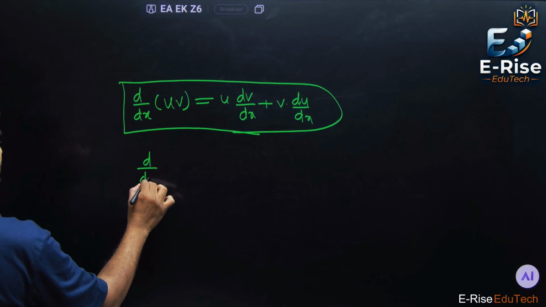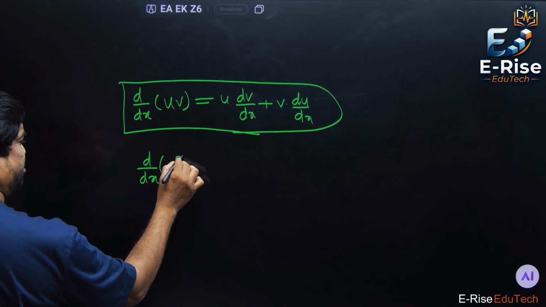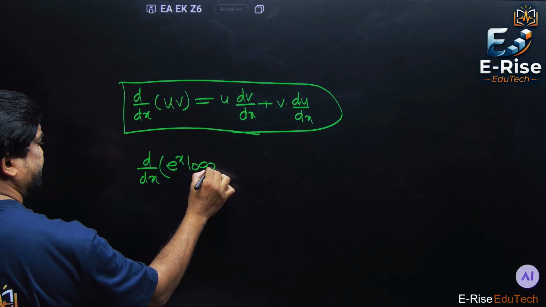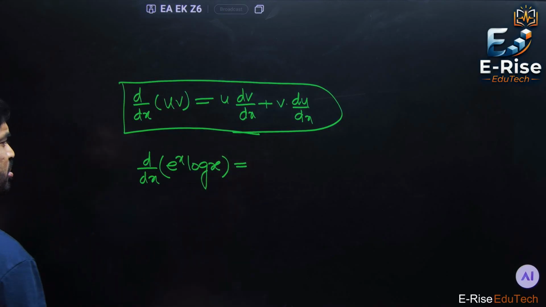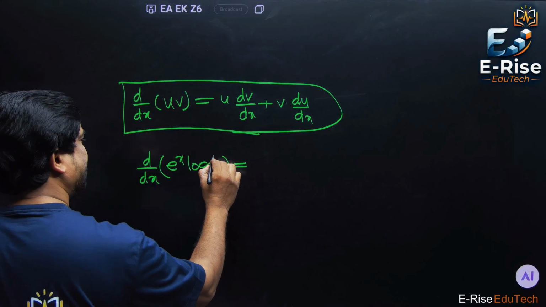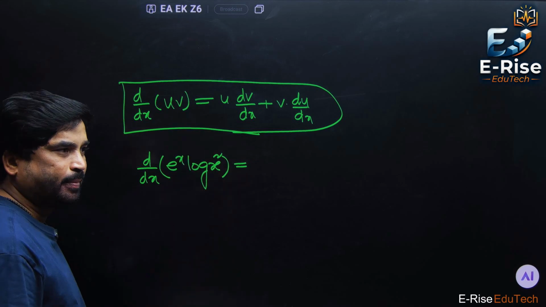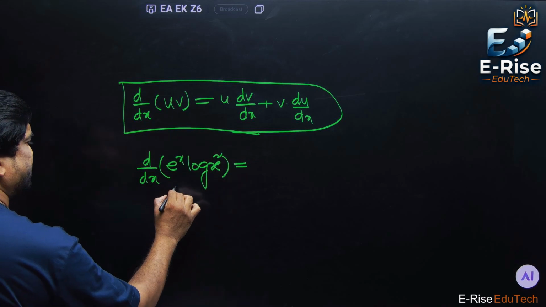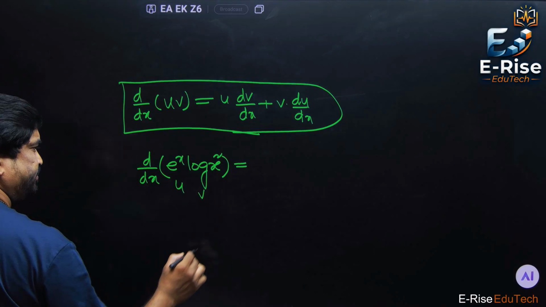d by dx of e power x log x square. We'll apply it to e power x log x square. So one is u, another one is v. You can assume that.